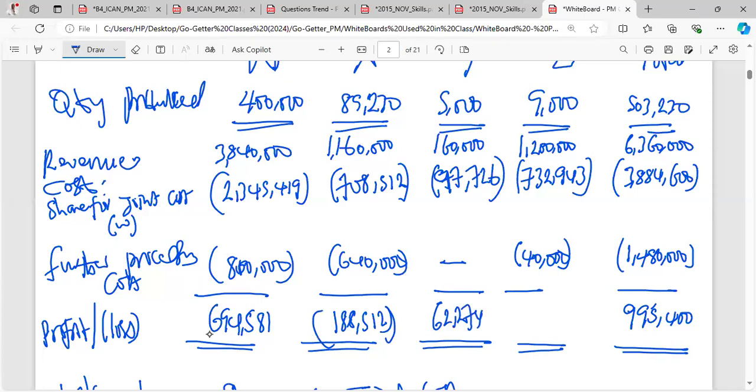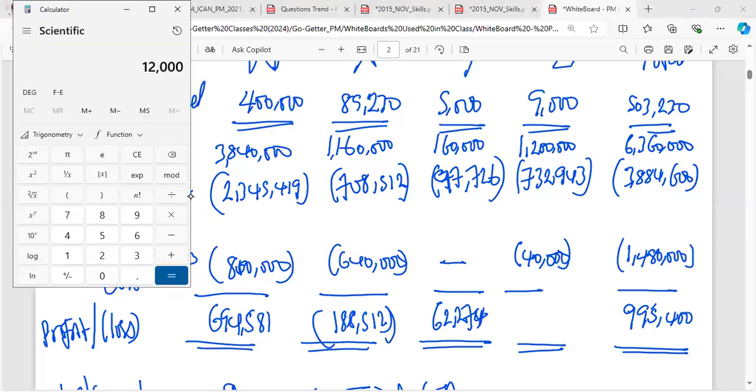And then we have 1,200,000 minus 732,943 minus 400. 67,057.